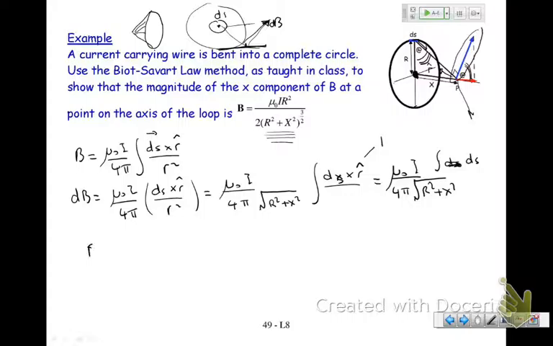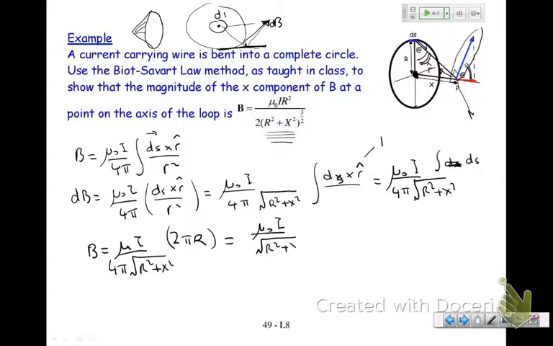So my b is equal to mu naught I over 4 pi square root of r squared plus x squared. And now I need to do my circumference, and my circumference is 2 pi r. Okay, so I have that. So that is equal to the mu naught I over the square root of r squared plus x squared.